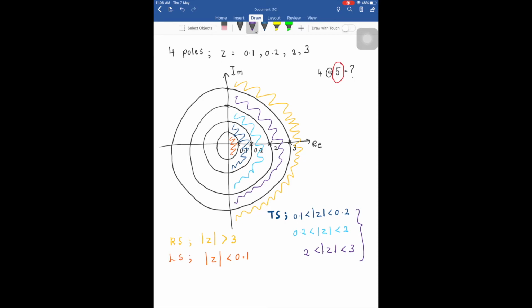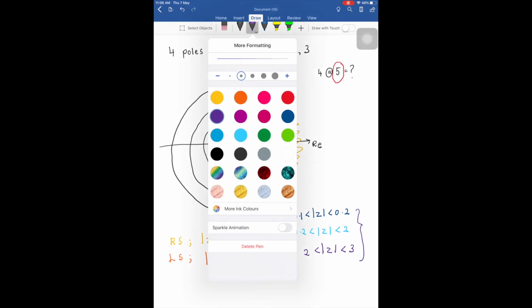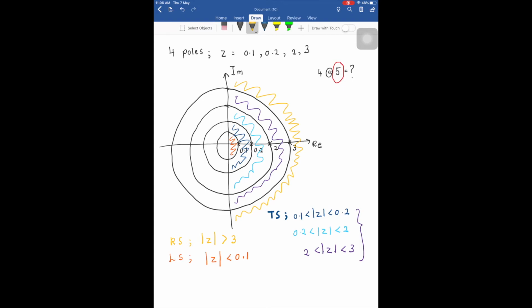Now we're going to look for the function. Let's move to right-sided. Right-sided is very easy. All the poles will approach to right, so the function is u of n.